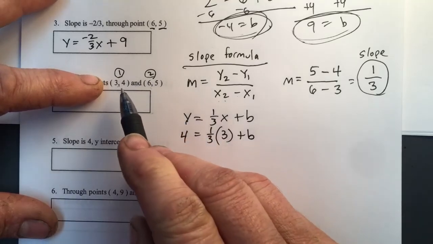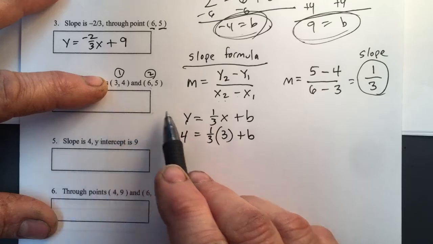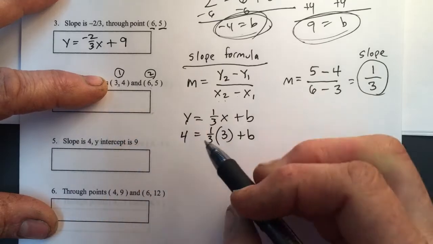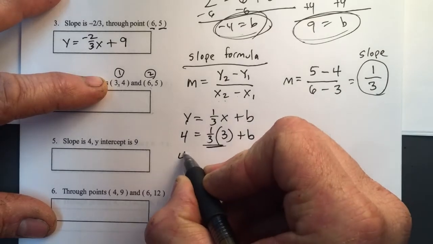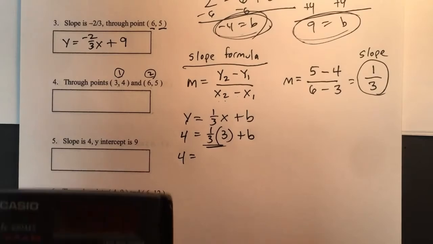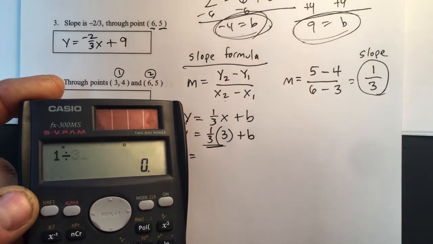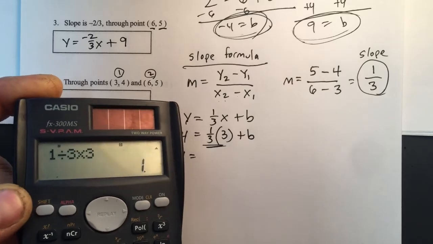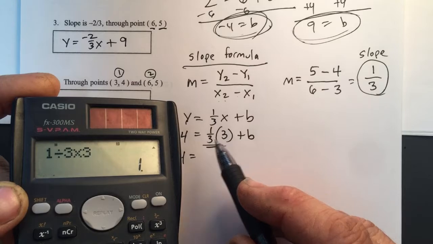Okay, so right here I got this point 3, 4 I'm going to use. 3 goes for x, 4 goes for y. And now I got to multiply these just like I did the other 2 problems a while ago. So 4 equals 1/3 times 3. Now you just use your calculator if you want to. 1 divided by 3 times 3 comes out to be 1.